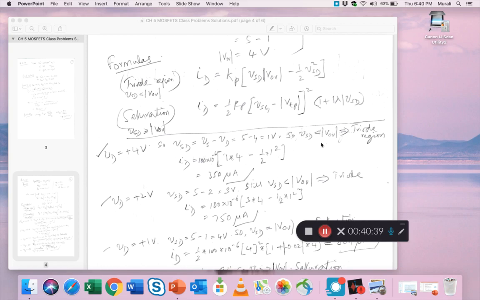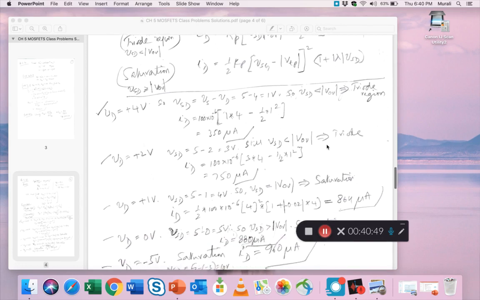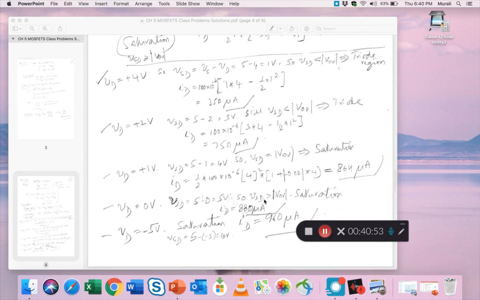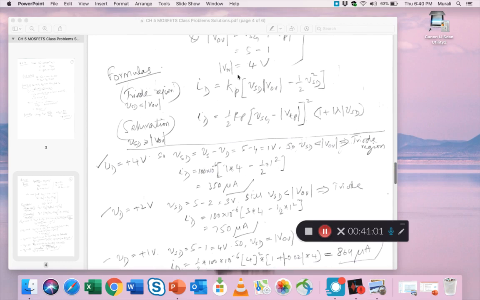To be in triode, this V source to drain has to be less than the absolute value of the overvoltage. To be in saturation, it has to be either equal or greater. So we need VSD and we need overvoltage. The overvoltage we already found.